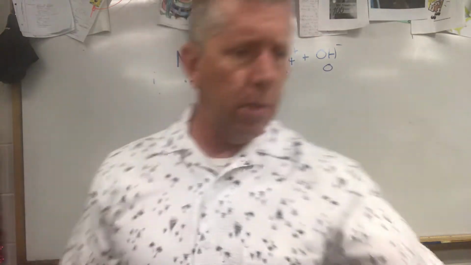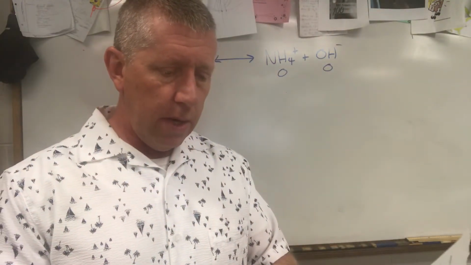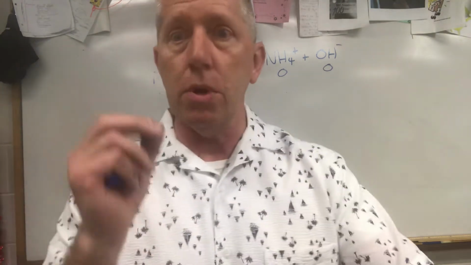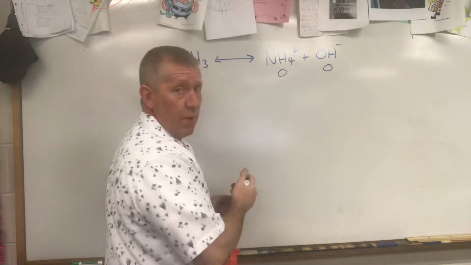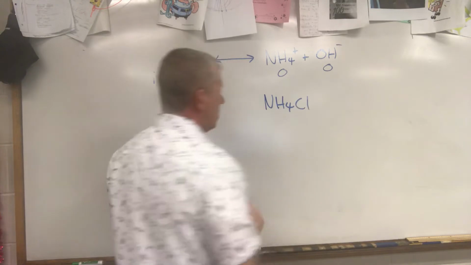All right, so what did we throw in? We're going to throw in some ammonium chloride. We're throwing in 0.3 molar ammonium chloride. So we're throwing in this nice and happy situation ammonium chloride.